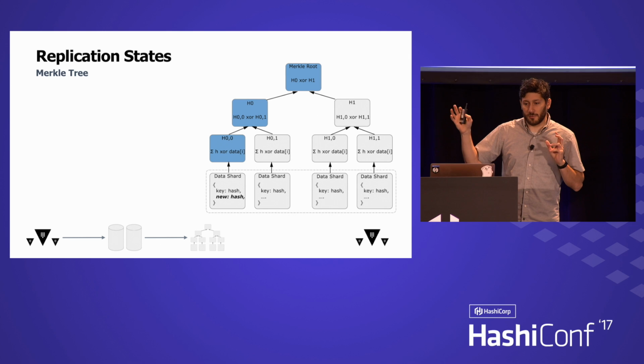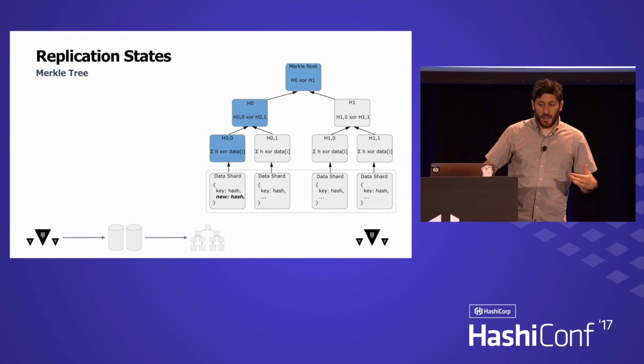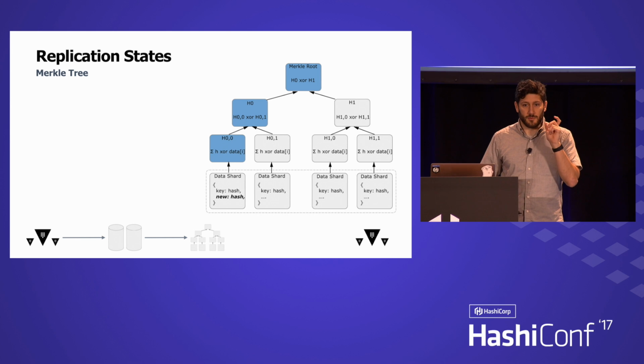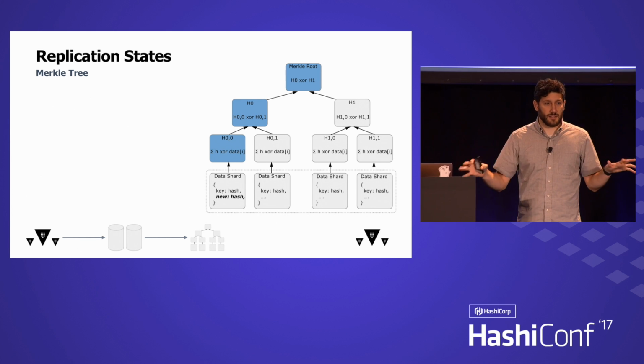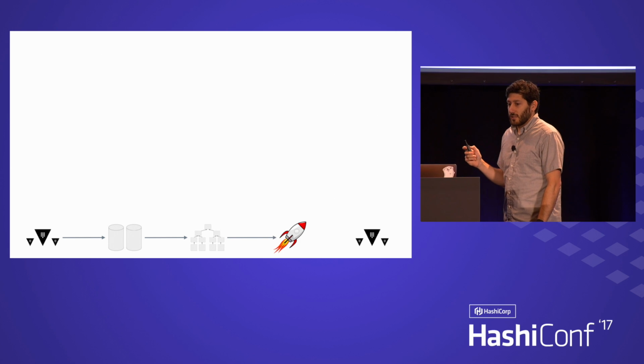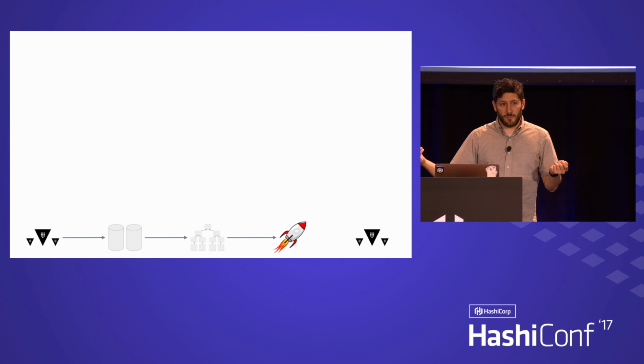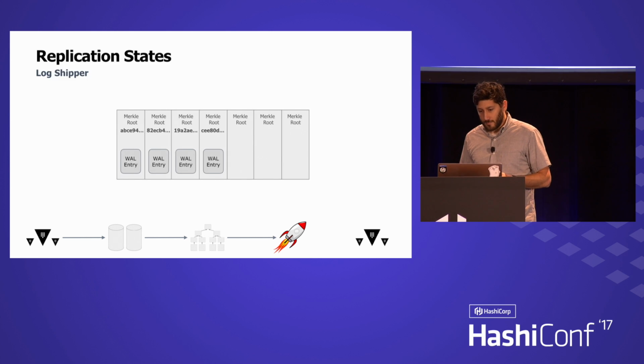And because the Merkle root is the hash of everything below it, it's a really easy way to compare two states. So the Merkle root encompasses the entire state of the entire data store. And that's very helpful when sending information down to a secondary.